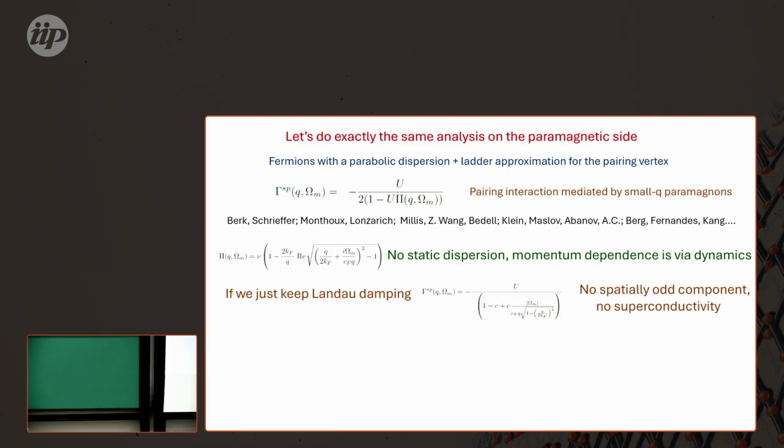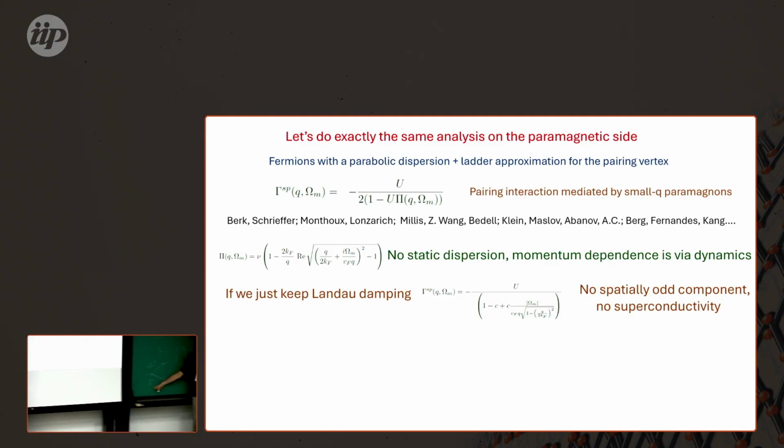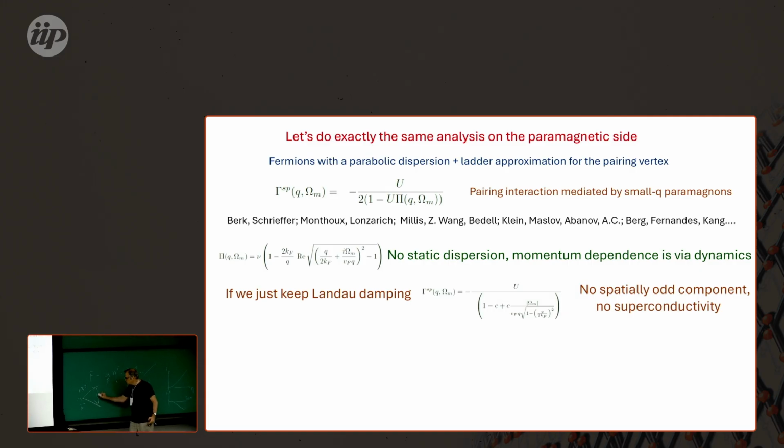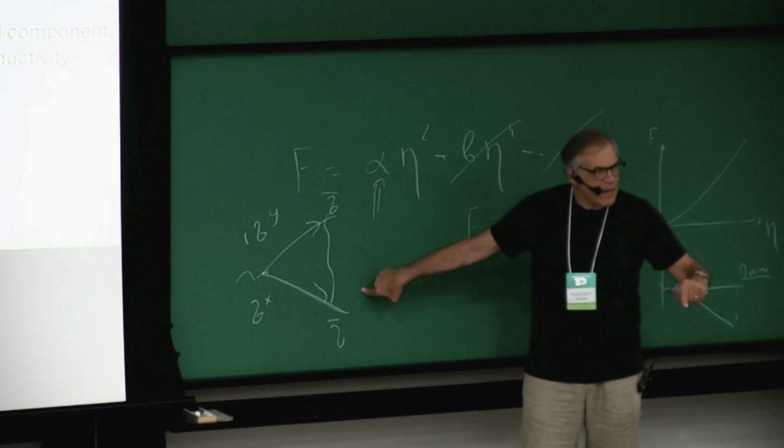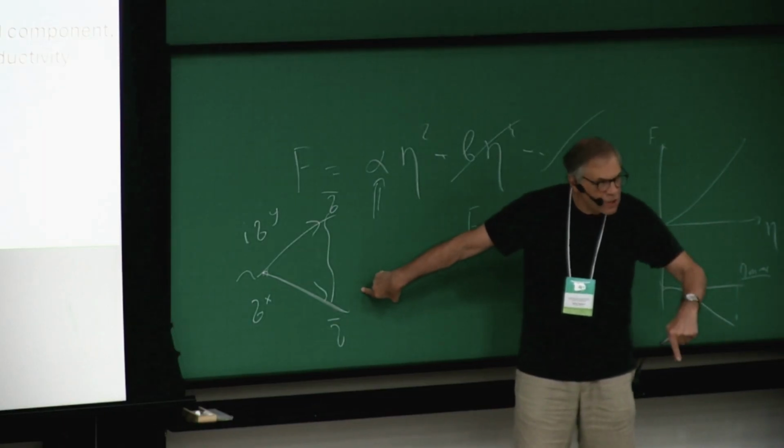When you need to look into the pairing channel, you put either i sigma y or sigma x. This is for singlet, this is for triplet. Your interaction also has sigma sigma. If you write down i sigma y with sigma sigma, you get a negative sign. This means it's a repulsive interaction.